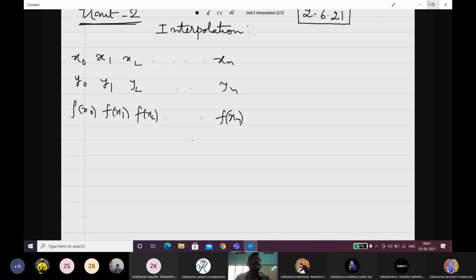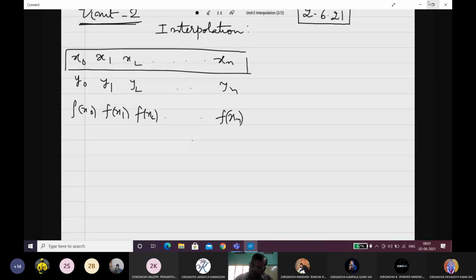The problem points are given like this. These x0, x1, etc., xn are known as independent variables. These independent variables are also known as arguments.